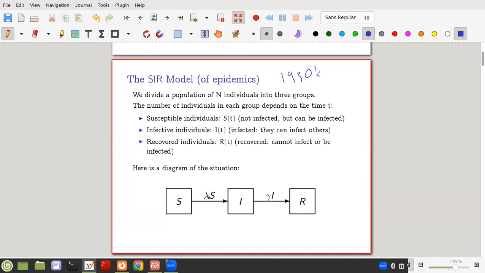Each time step, every month, every day, a certain number of susceptible people will get sick and move from this room to this room. And for the people in this room here, a certain fraction of them, this fraction gamma here, will end up recovering and moving to this third room here.